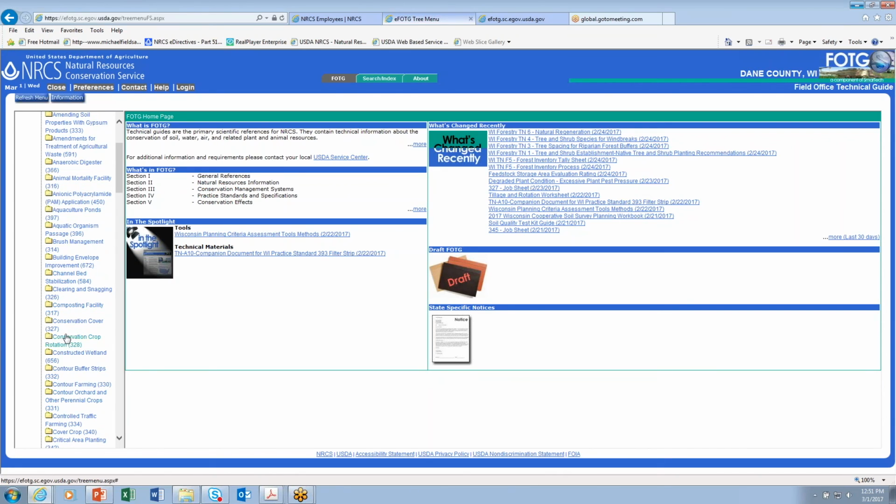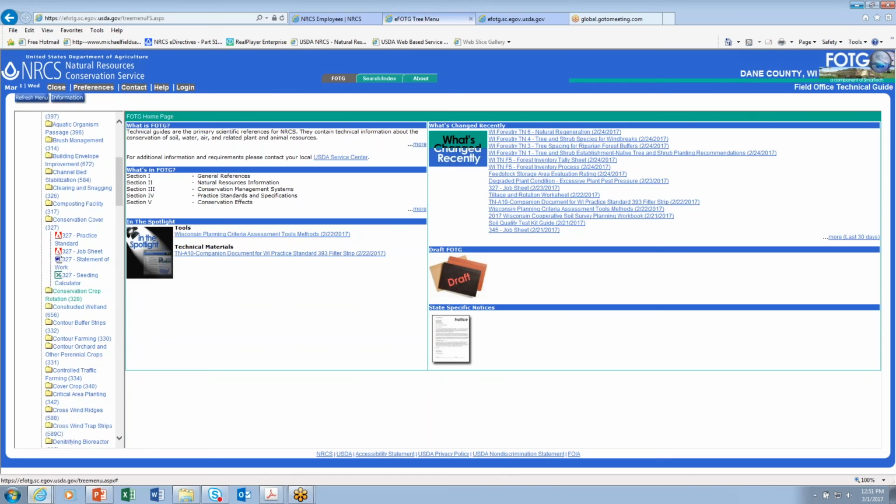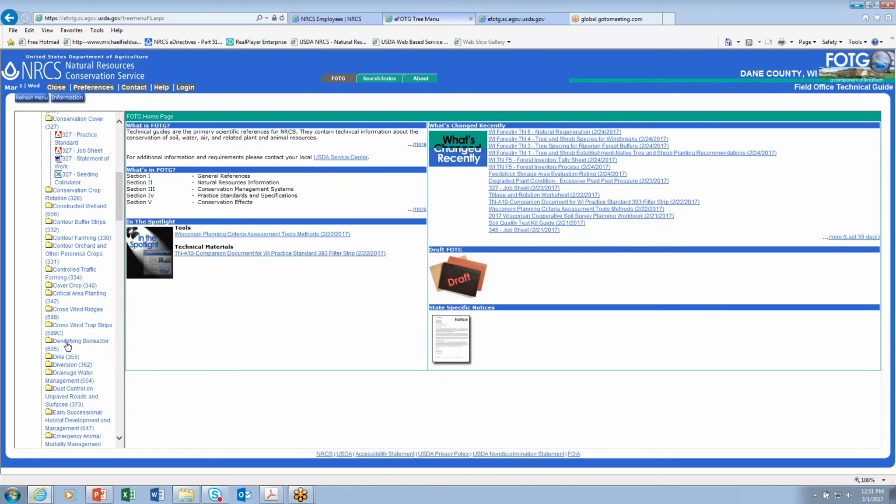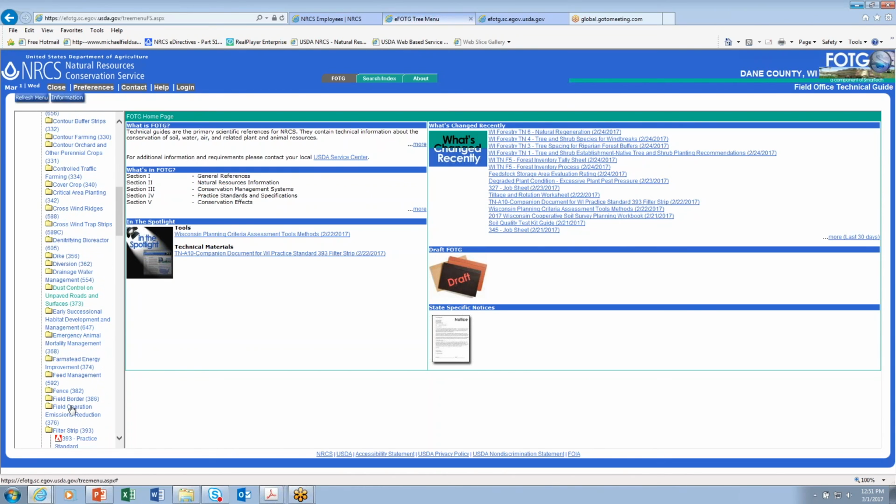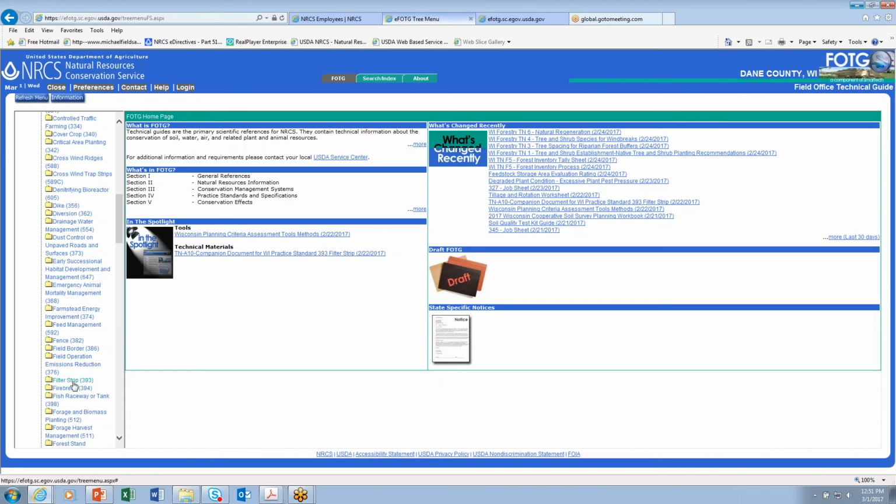I'll just do an easy one, conservation cover. You will see the seeding calculators there. Everything that you need should be right there. But here on the filter strip, I did catch that we need to get the tech note in there, but have no fear, it will be in there.